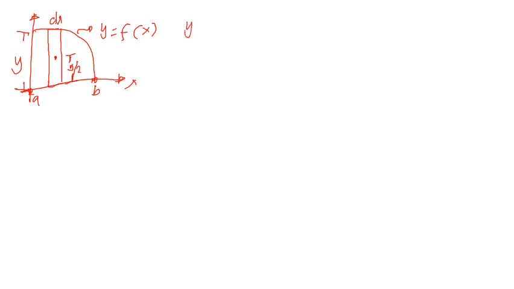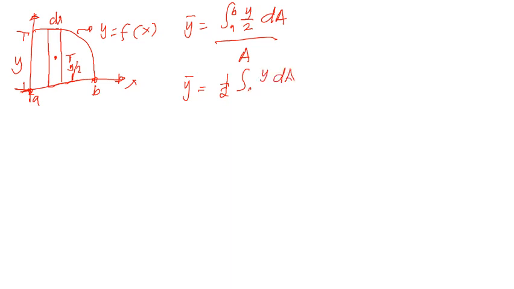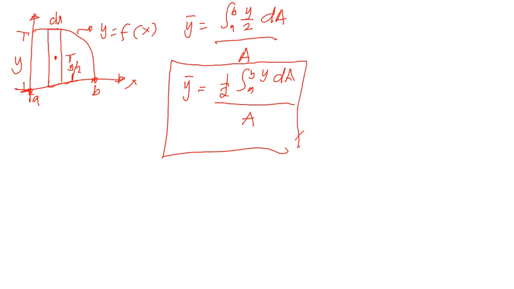So to get y bar, this is equal to the integration of y over 2 times dA from a to b, all over A. So y bar is equal to 1/2 integration of y dA from a to b, all over A.